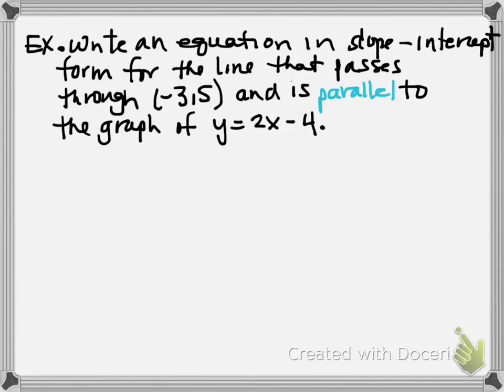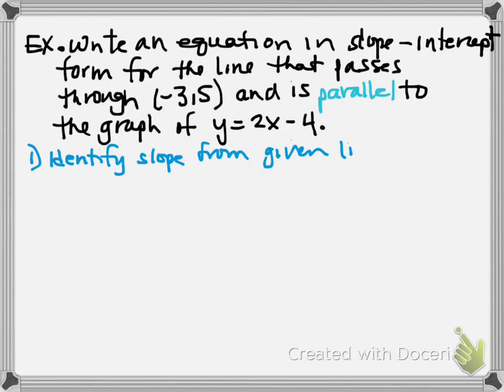They gave us a point, and what they told us is that our line is parallel to this line. So what we're going to do is grab the slope from the second line and use it for our slope. So step one is to identify the slope from the given line to use as slope in our line.